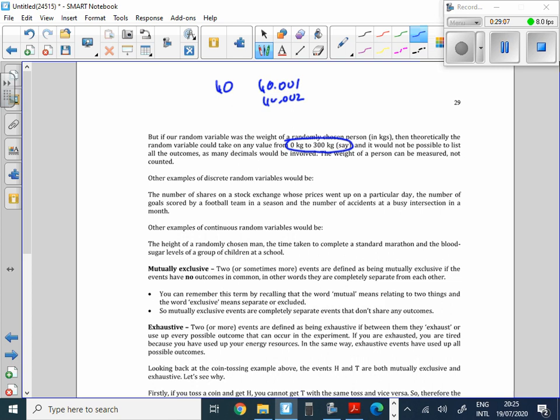It's too numerous to list all the possible outcomes, all the way up to 300 kilos. So we call this a continuous as opposed to a discrete variable. I can measure it, I can take the guy and measure him, but we can't count each and every possible outcome.